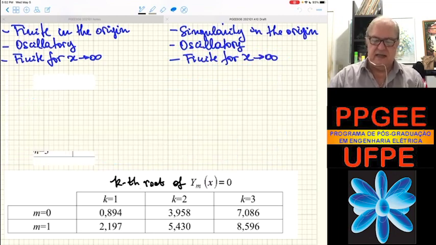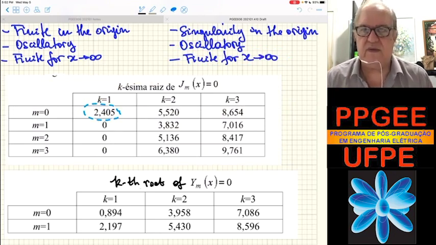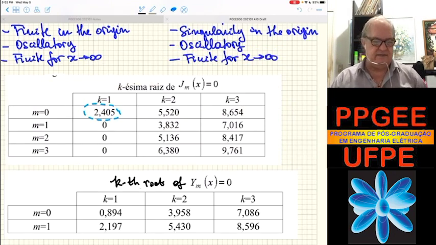This is one important number for people who work with optical fiber, the V number, that specifies when a fiber is going to operate in a single mode condition. So that root is important, 2.405, right?